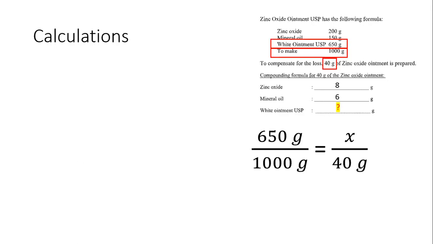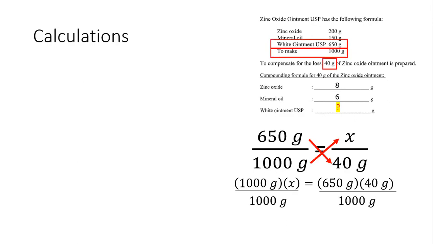We can again set up this proportion, cross multiply, get our equation, isolate x, cancel out the units, and solve for x, where we get that x is equal to 26 grams of white ointment USP.